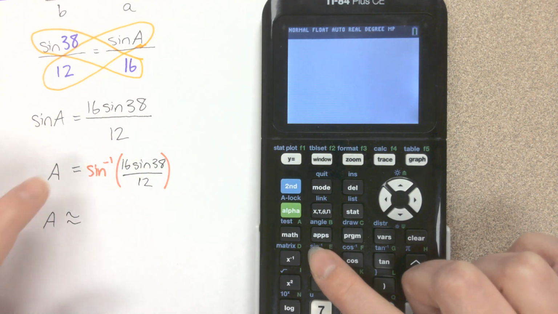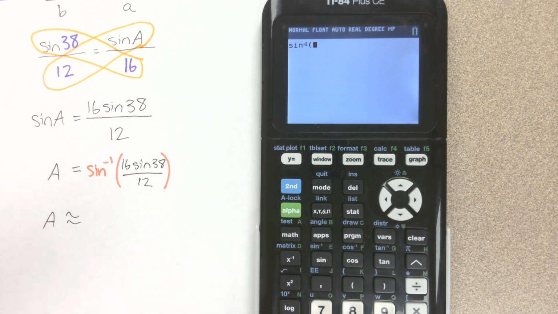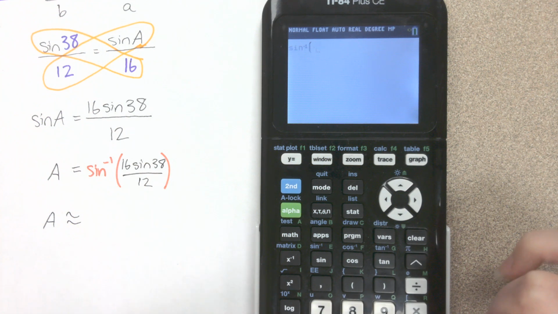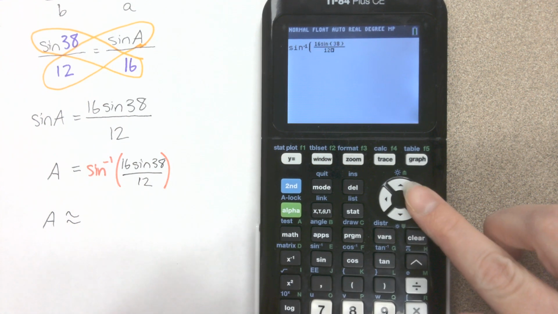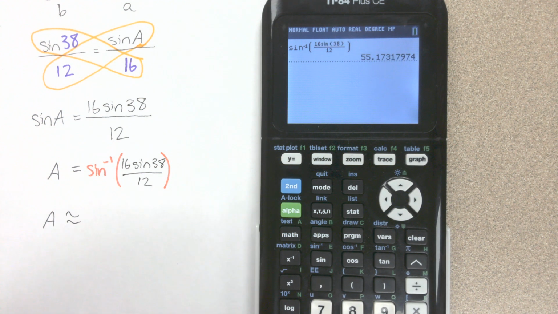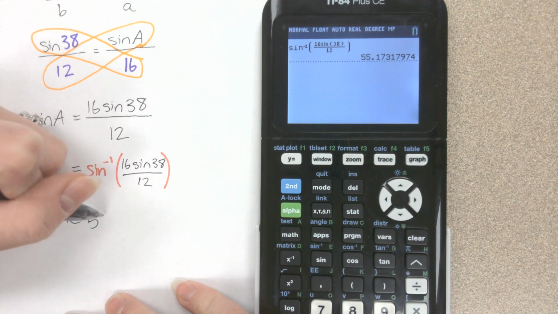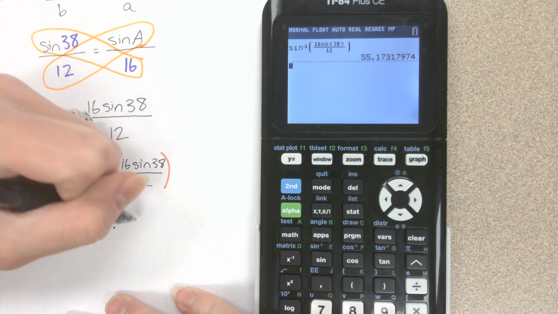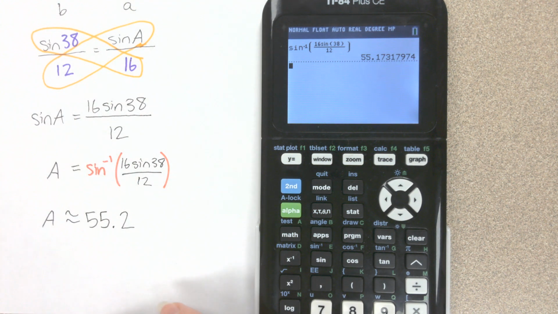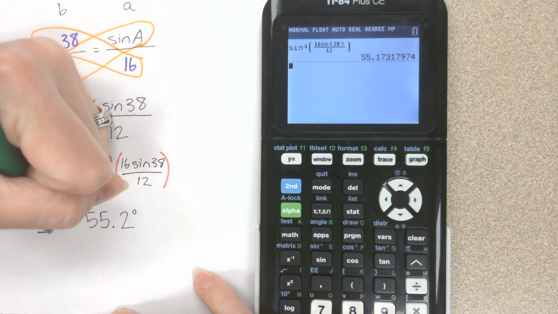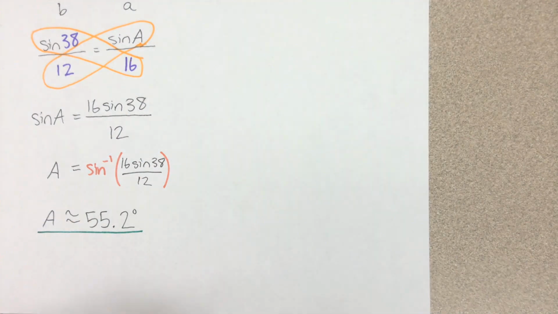So this time we're doing inverse sine, so second sine. Make sure you're paying attention to that. Alpha x to get the fraction. 16 sine of 38 over 12. 55. And finally, we get to actually round a number up. 55.2 degrees. So this is our first answer.